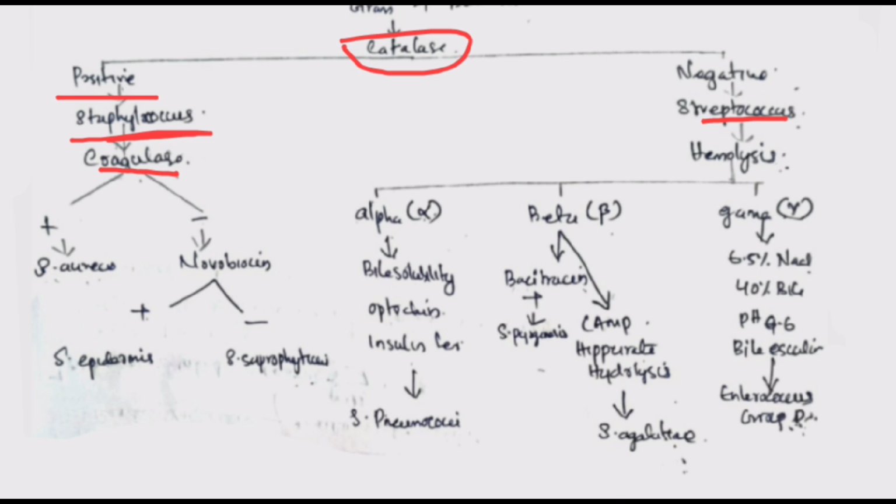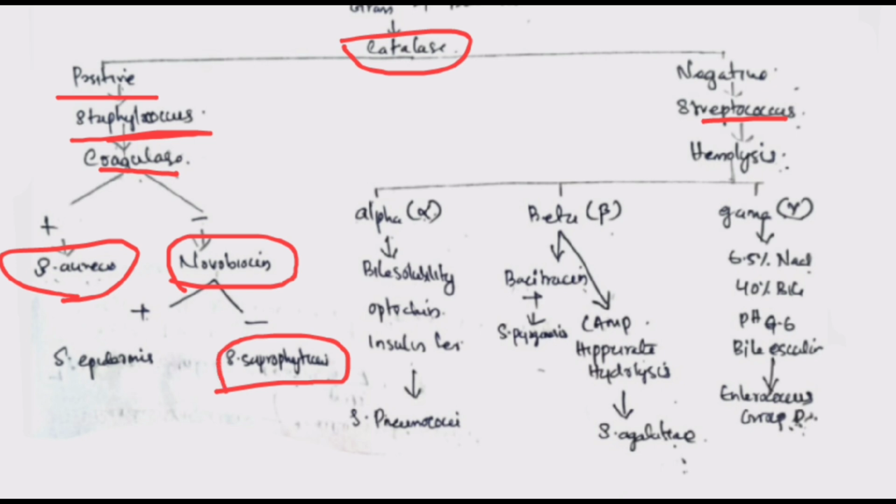If coagulase is positive, we identify it as Staphylococcus aureus. If coagulase is negative, the organism is unknown at this point, so we perform the novobiocin test. Staphylococcus saprophyticus is novobiocin resistant, while other coagulase-negative staphylococci are novobiocin sensitive.